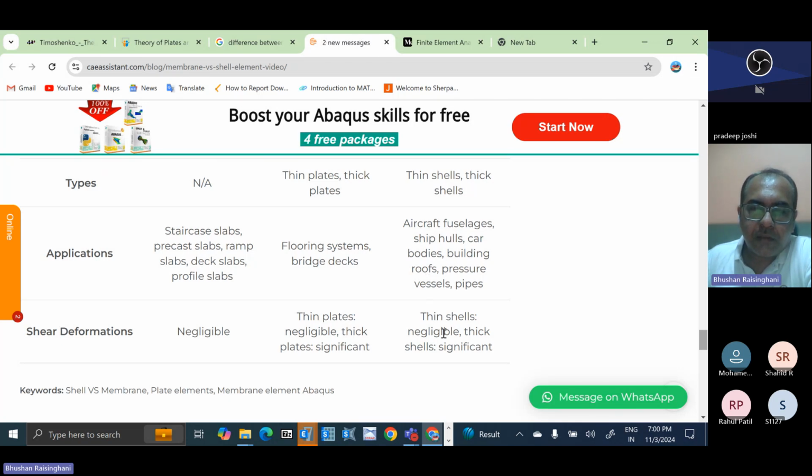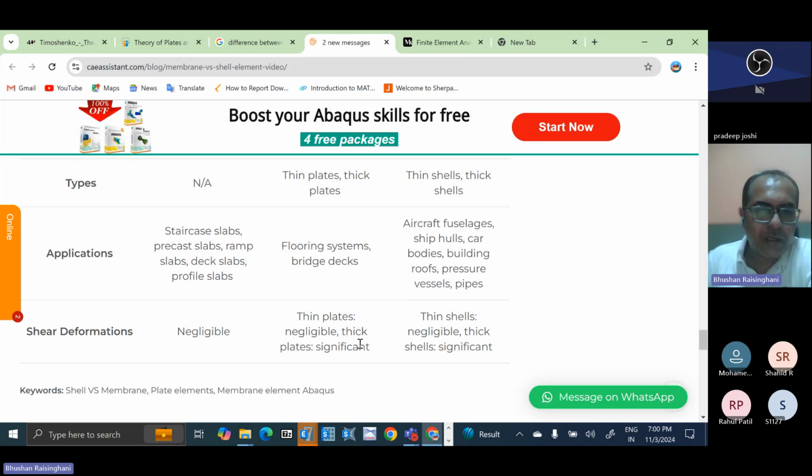So thin shells, negligible; thick shells, significant. So the shear deformation in thin shells is very negligible, and in thin plates it is mostly not considered. When it is a thick shell, the shear deformation is significant, and in thick plates also it is significant.